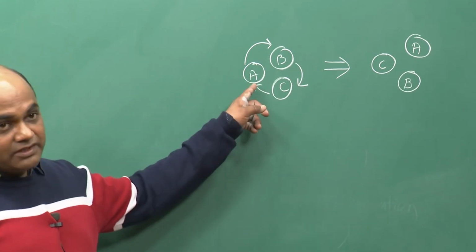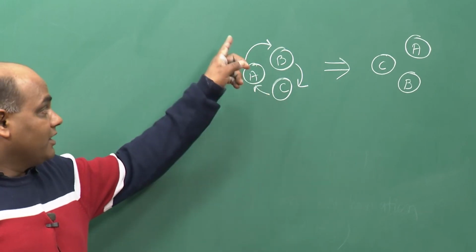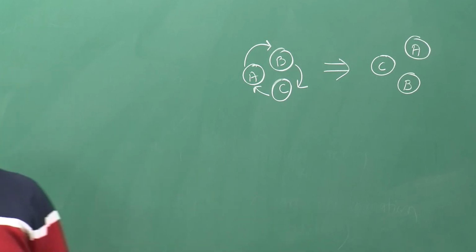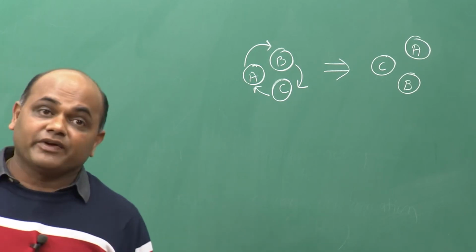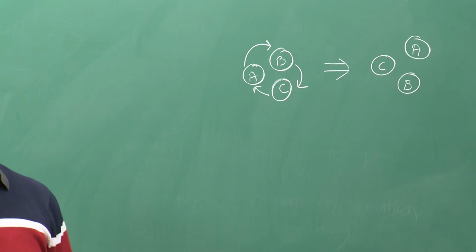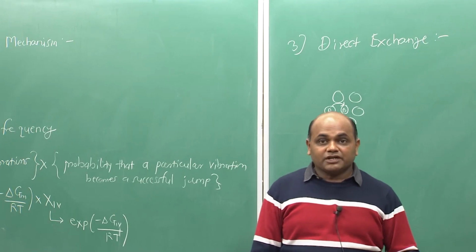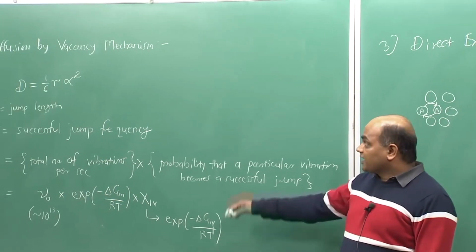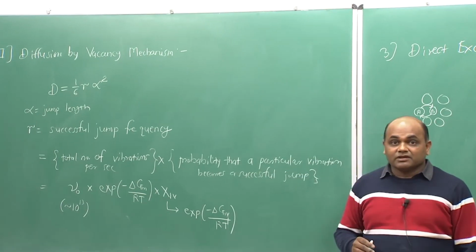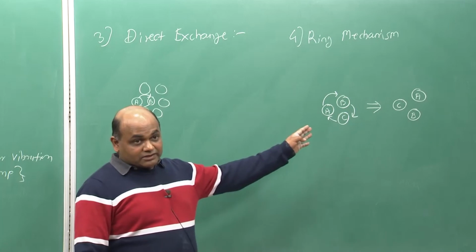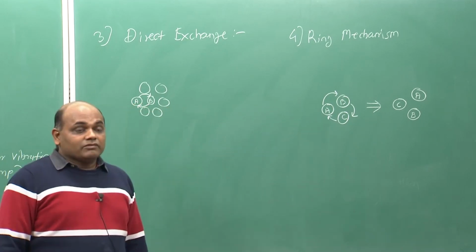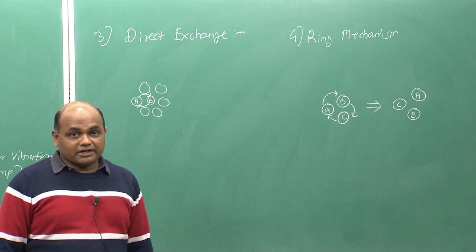Again, you can see the activation barrier for the ring mechanism would be very high if you compare it with the vacancy mechanism. So, substitutional diffusion will most possibly and most easily take place by the vacancy mechanism. Mechanisms which have very high activation barriers will contribute insignificantly.